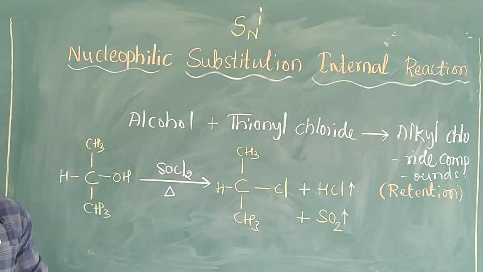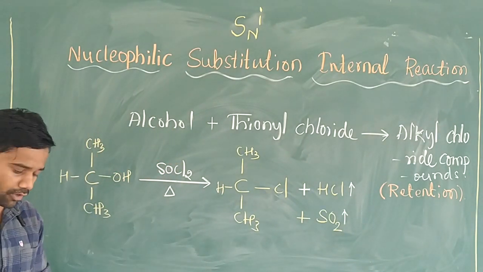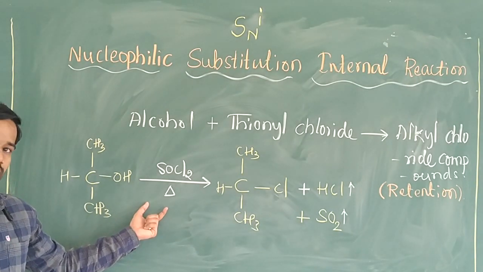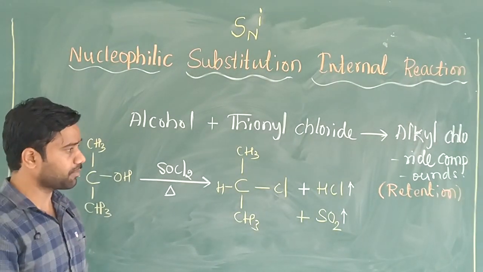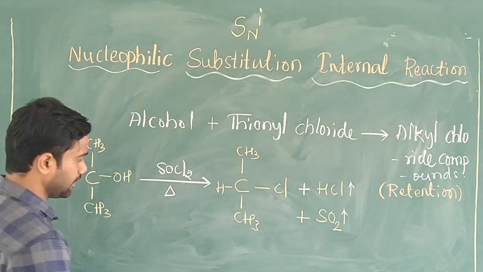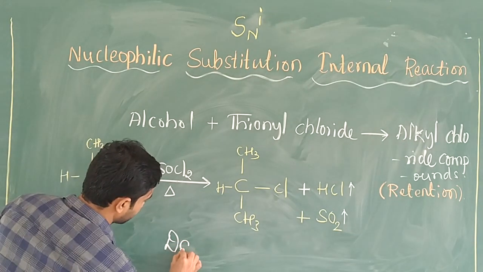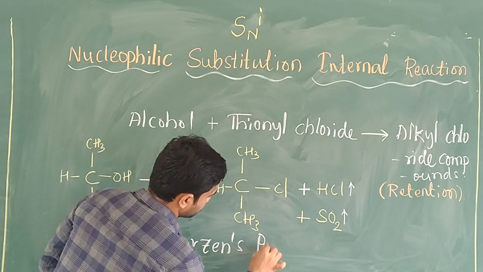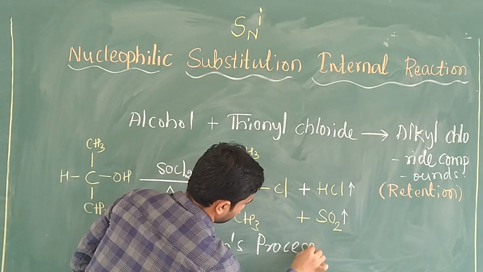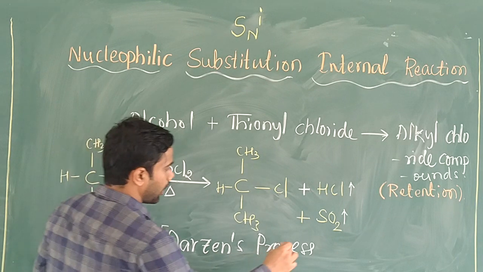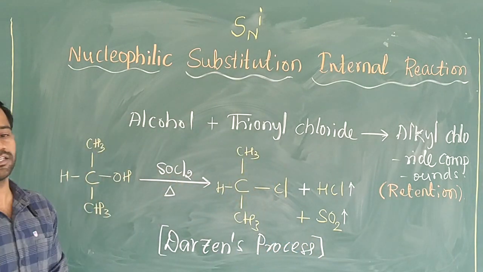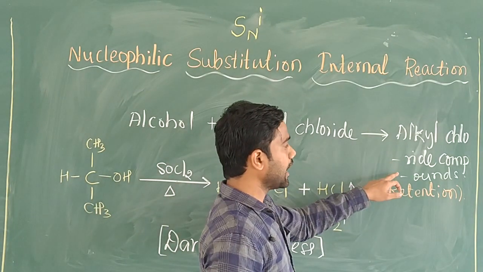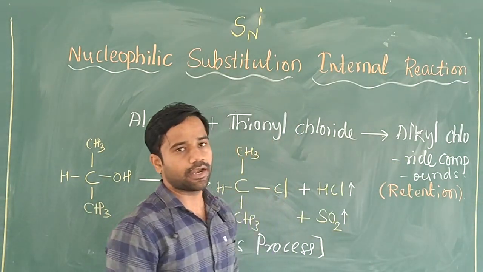I think this reaction is going to be familiar to you, because in the introduction part we already studied this type of reaction. Can you name which type of reaction it is? Definitely, this is known as the Darzan's process. I already told that this Darzan process is considered the best method to prepare alkyl halide or alkyl chloride compounds.